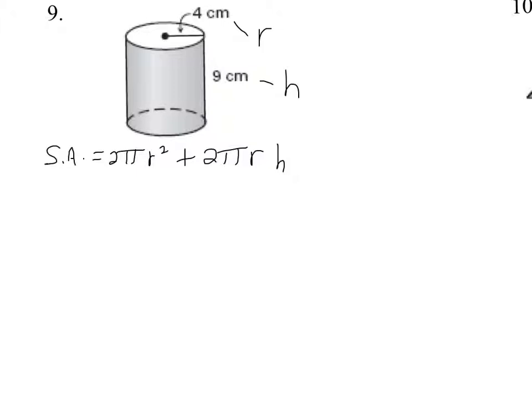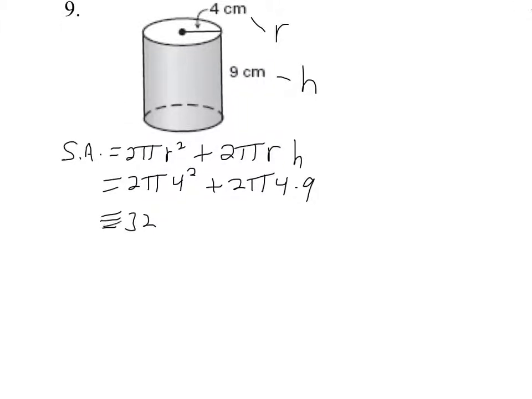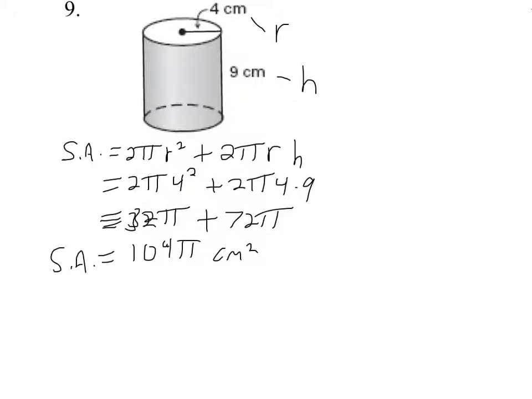We can just see that, so we'll just plug it in. 2 pi 4 squared plus 2 pi 4 9. 2 times 4 squared is 32, so 32 pi. Over here, 2 times 4 times 9 is 72, so 72 pi. Those are like terms, 32 pi's and 72 pi's. You can add those together and you get 104 pi square centimeters. That is the surface area.